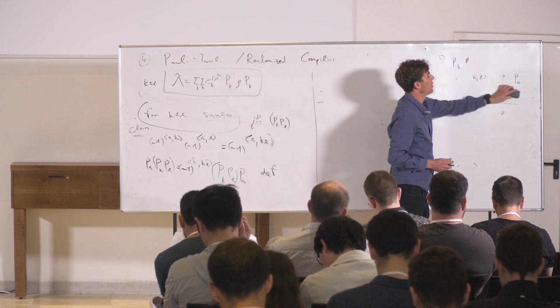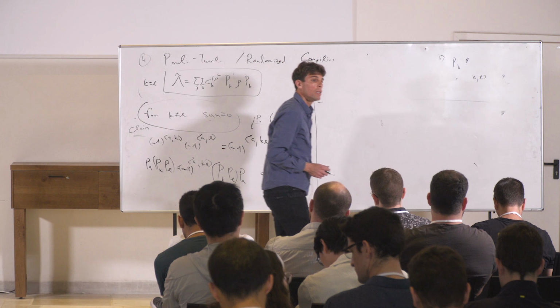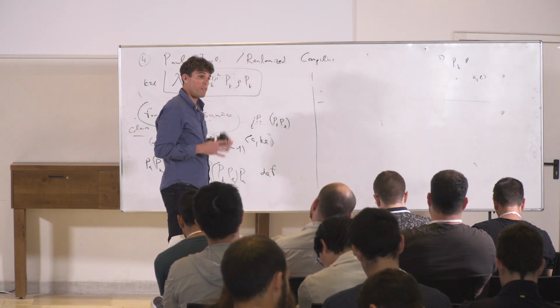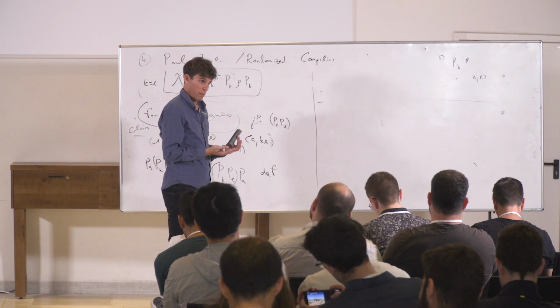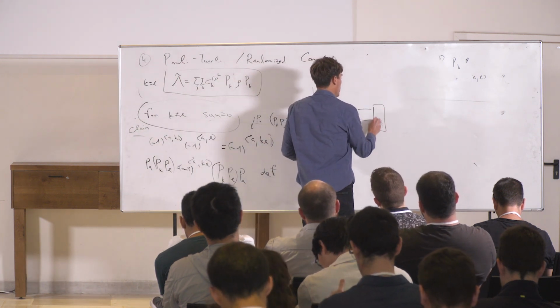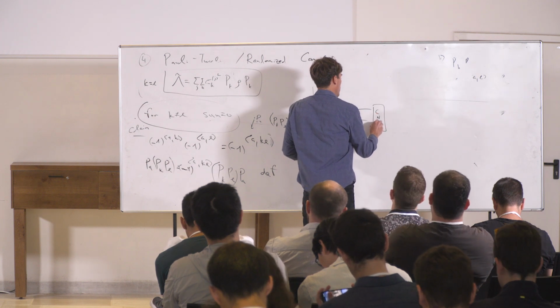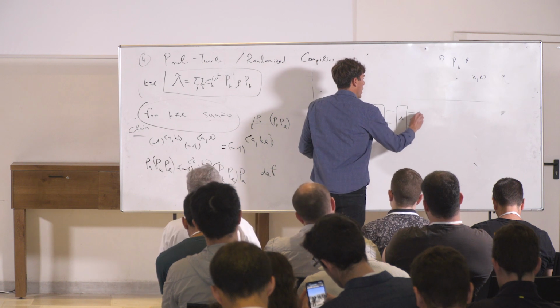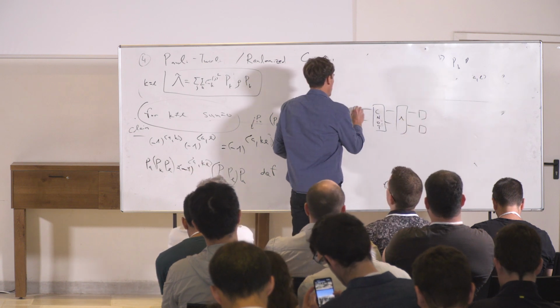But lambda tilde is not your noise, it's my noise after I twirl. So if you think about the twirled gate, I have my gate, this is my CNOT, and this is my noise channel, and then I added my random Paulis before and after.